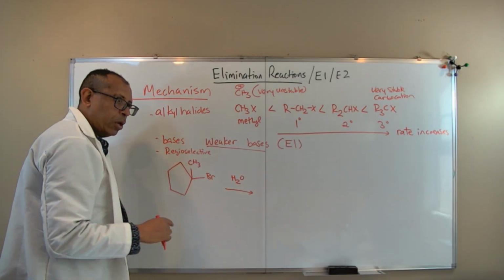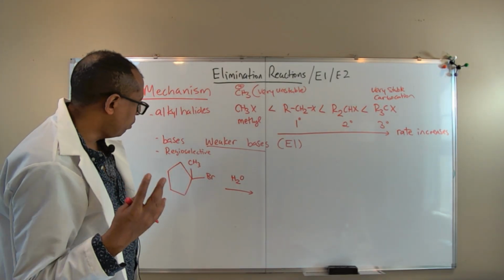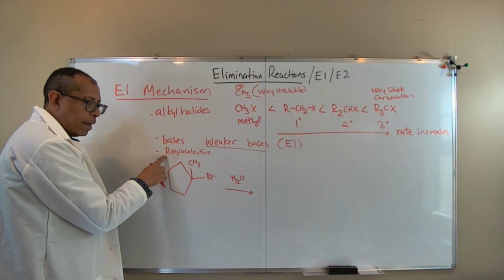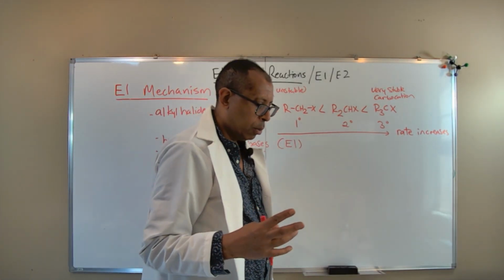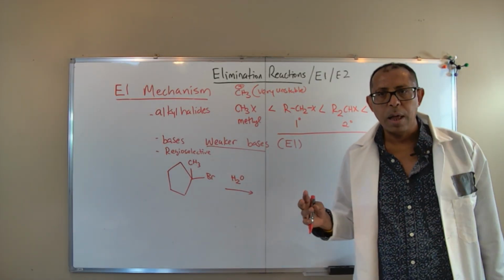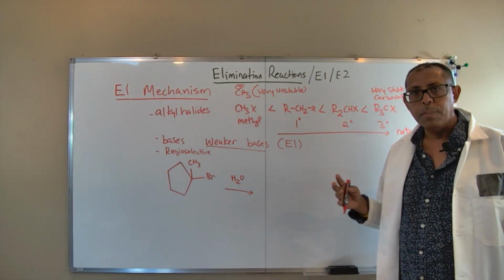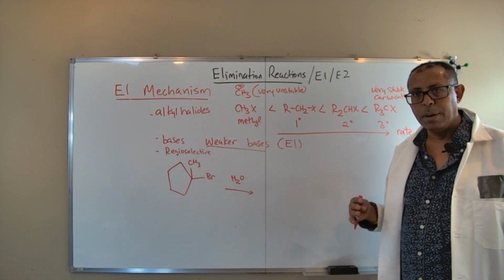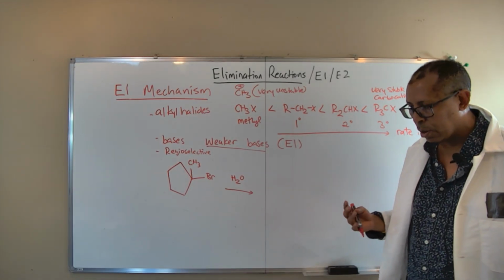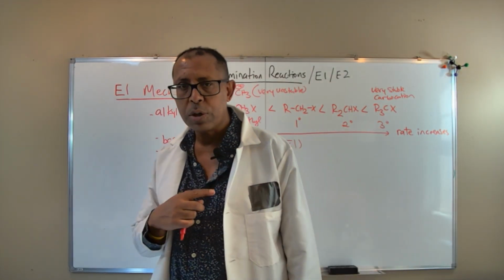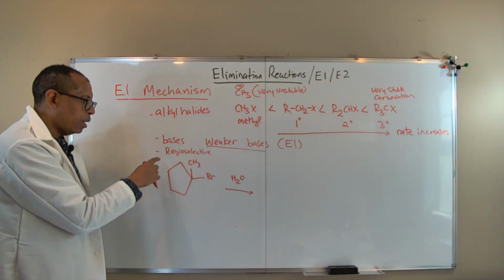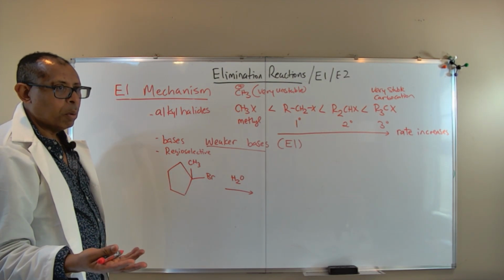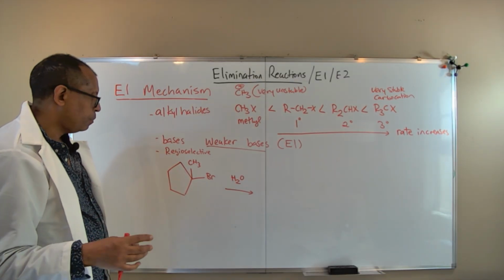So that's E1 when it comes to basicity. Regio-selectivity: like we have the Zaitsev rule, where the more substituted alkene is the favored or major product, it still holds true with the E1 mechanism as well. So regio-selectivity comes from the more stable alkene.